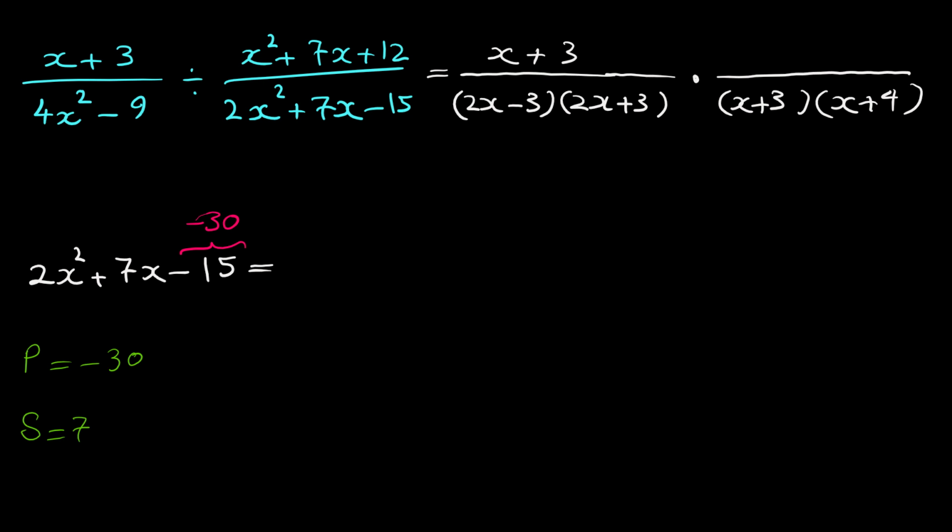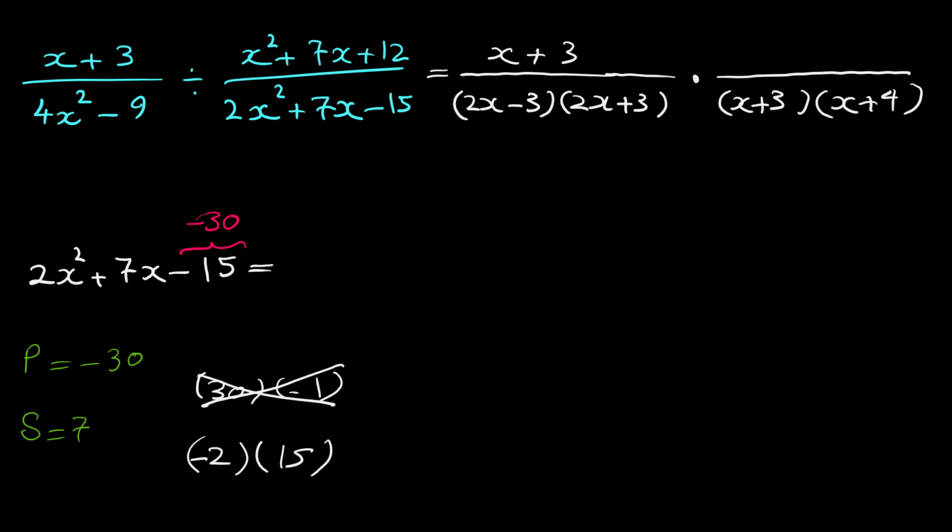One of the numbers is positive, the other one is negative. And because the sum, 7, is positive, the bigger number is positive. 30 times negative 1 is negative 30, but the sum is not 7 because 30 plus negative 1 is 29. So this is not the number that we look for. What about negative 2 times 15?